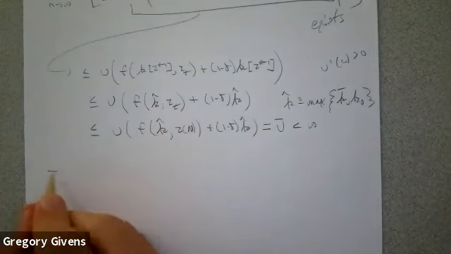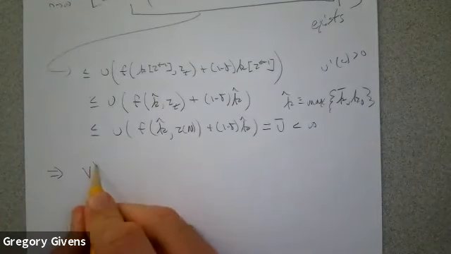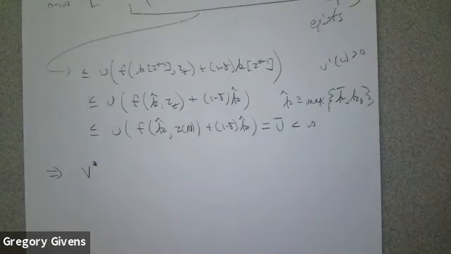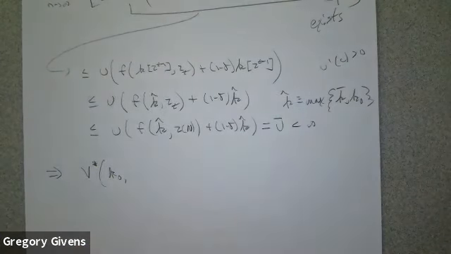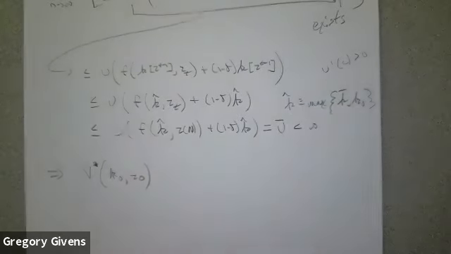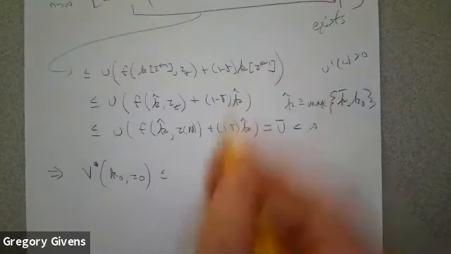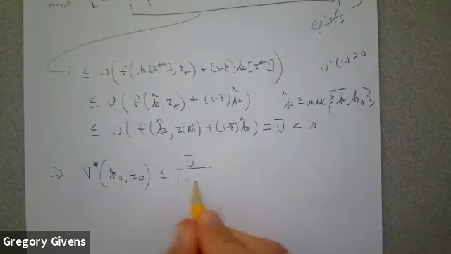All of this implies that the value of pursuing an optimal sequence of state contingent plans over time for the planner has to be less than or equal to u bar over 1 minus beta.